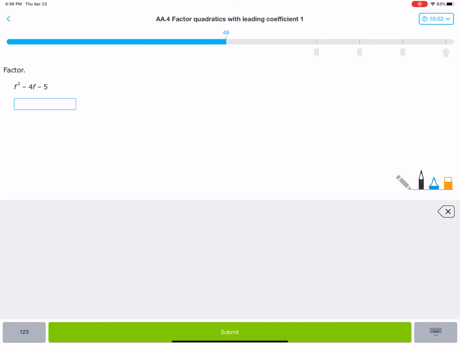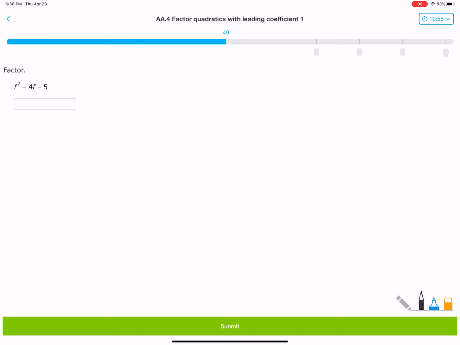Now we've got something a little bit different here. The beginning is still the same because I have a regular positive f squared, so I know I have f and f. Now I've got to work with a negative 5.